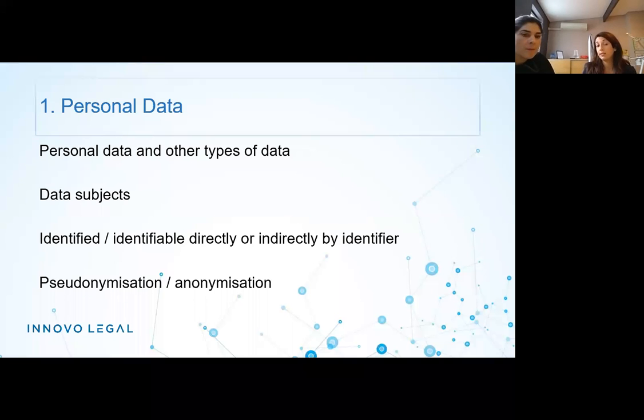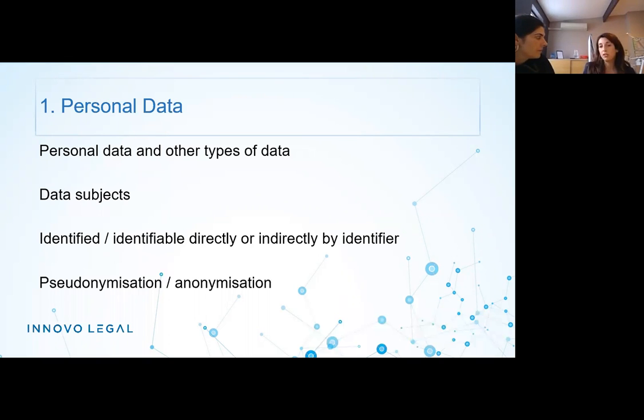And what is it? It's something that identifies you, or that makes you identifiable directly or indirectly by an identifier. So a very easy, straightforward identifier is obviously your name and surname, telephone number, but sometimes it could be different.